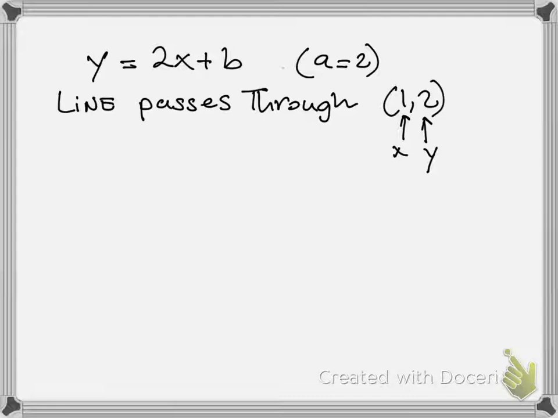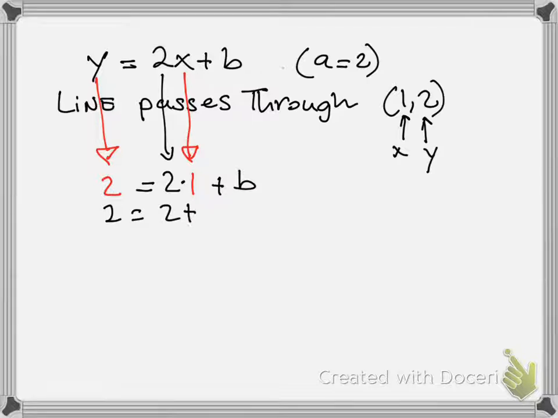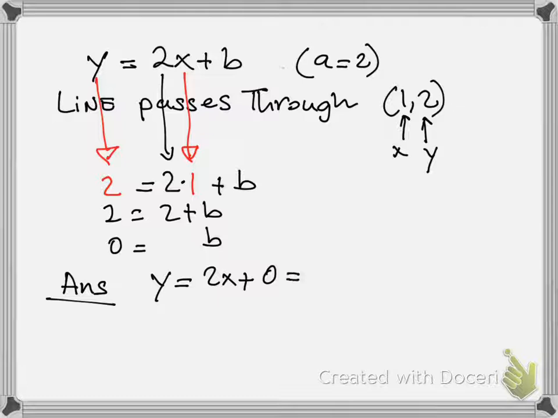So it's 2 equals 2 times 1 plus b. That's 2 equals 2 plus b, and so b is equal to 0. So the answer here, y equals 2x plus 0, so that's 2x. That's the equation of my line here.